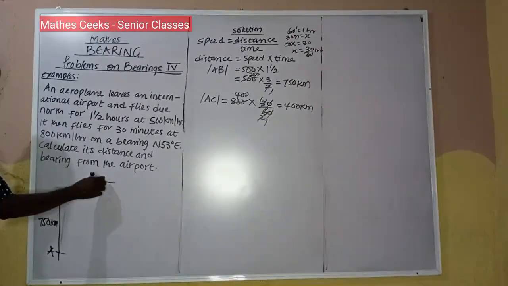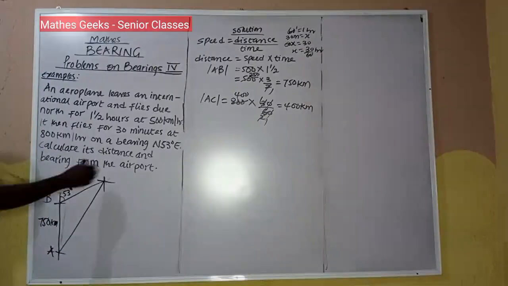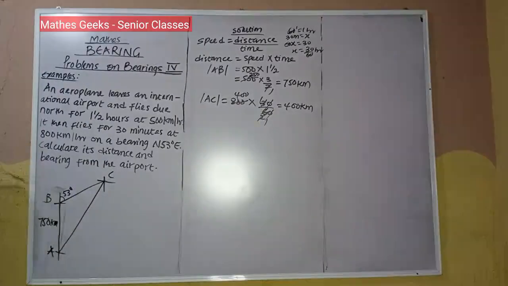So you join these points together. Perfect. Let's call this point C. So this is going to be our resulting diagram. The other one I drew from southward, but the question says due north, so I have to draw the diagram again.